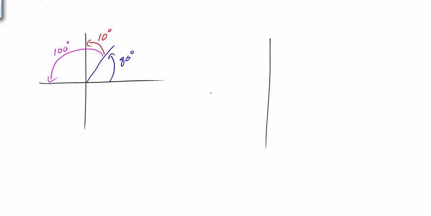All right, see if we can figure this one out. Let's say that the given angle is over here, and let's say this is 120 degrees, and I want to know the complement. And probably if you think for a little bit about this, you're thinking, well, the angle's already greater than 90 degrees.